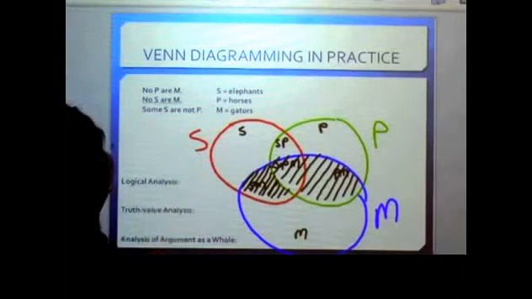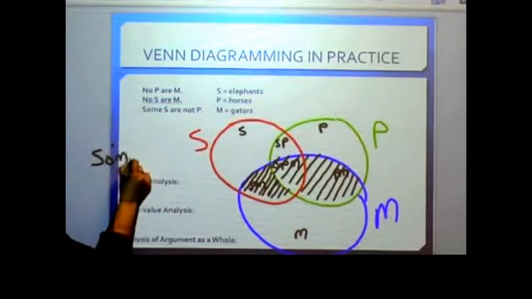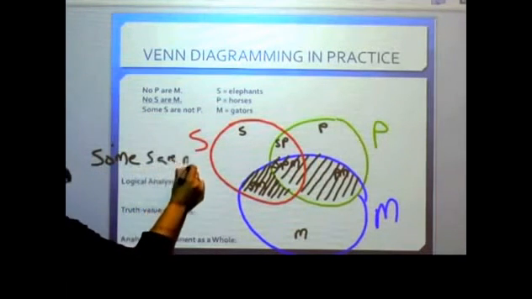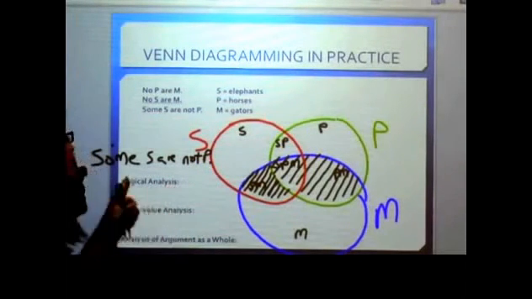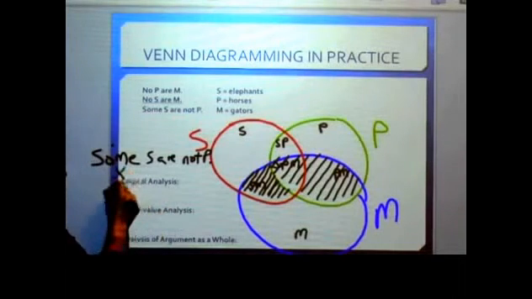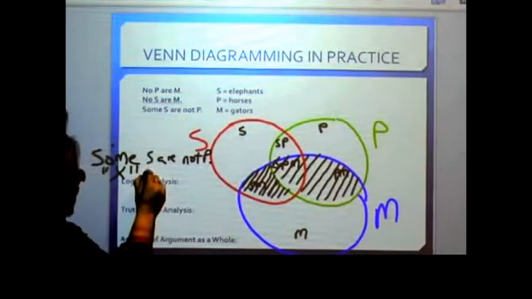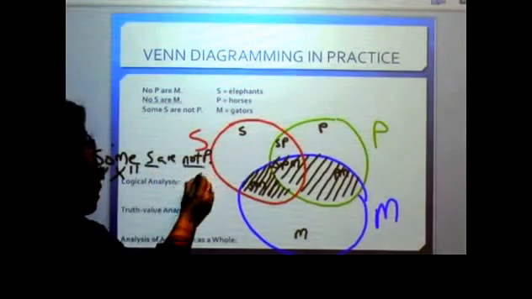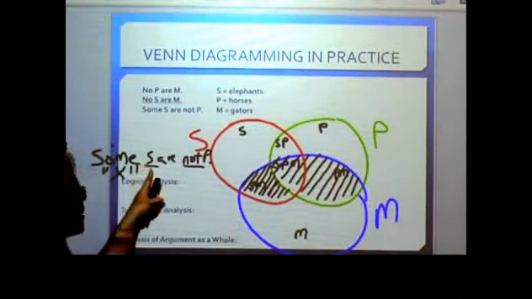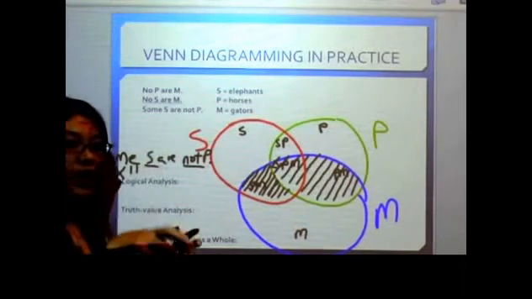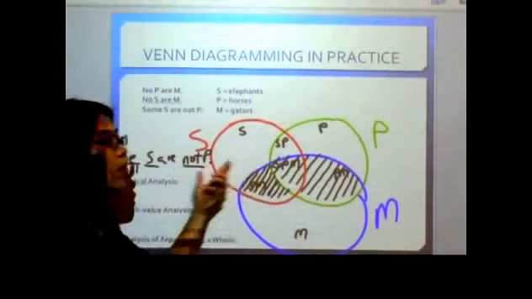So the conclusion in this case states that some S are not P. So what we want to look for is an X, because it's a particular statement which asserts that at least one thing exists, that is an S, but not a P. So we want to find an X inside the S circle that doesn't overlap with a P. So here's our S circle here, and notice that there's no X's at all.